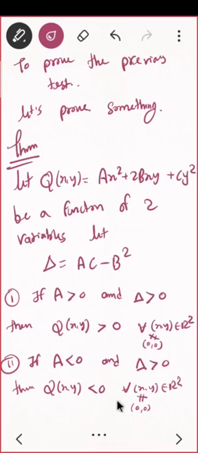Correct. What will be the next case? Delta positive, now delta negative. Next case would be: what if delta is less than 0? If your delta is less than 0, then what can you say?